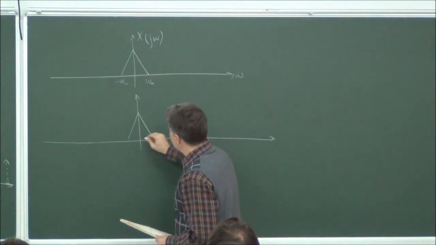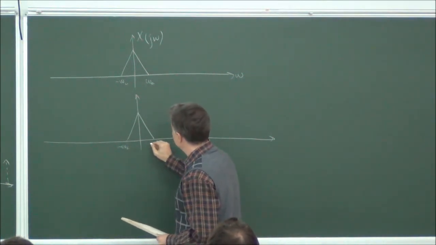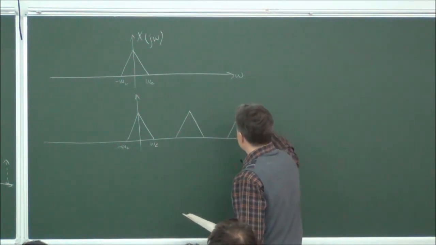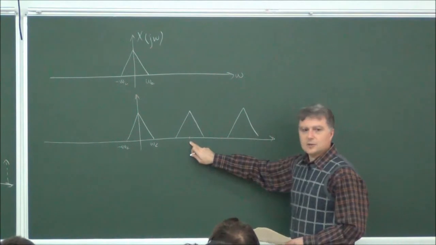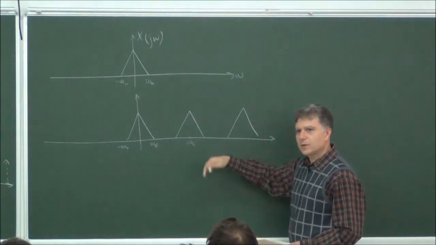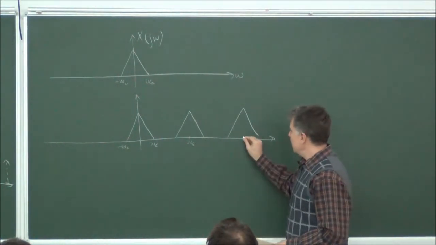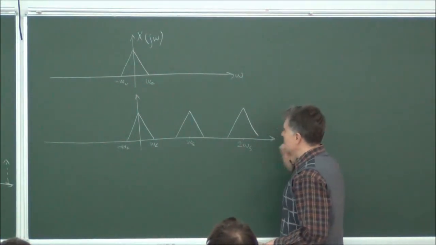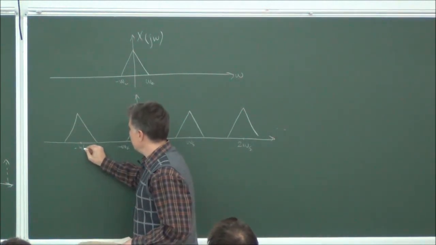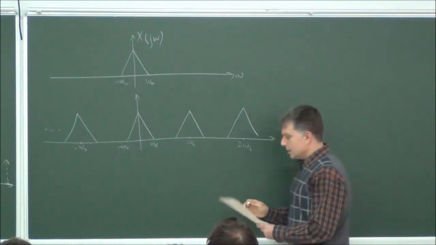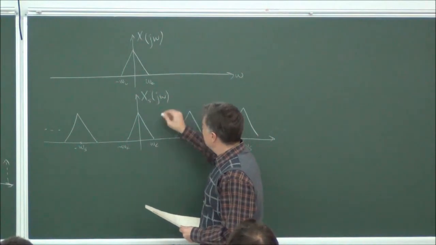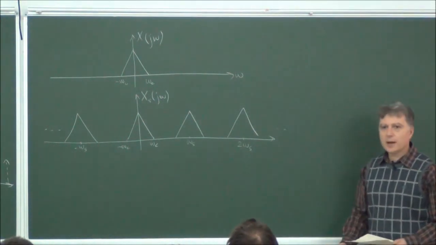One of them will be itself from minus omega c to omega c, and the others will be replicas where the center of the other replica is the sampling frequency, omega s, or 2 pi over capital T. And here it is twice of that. And it goes on to the left and to the right like this. This is, let's say, X sampled of j omega.